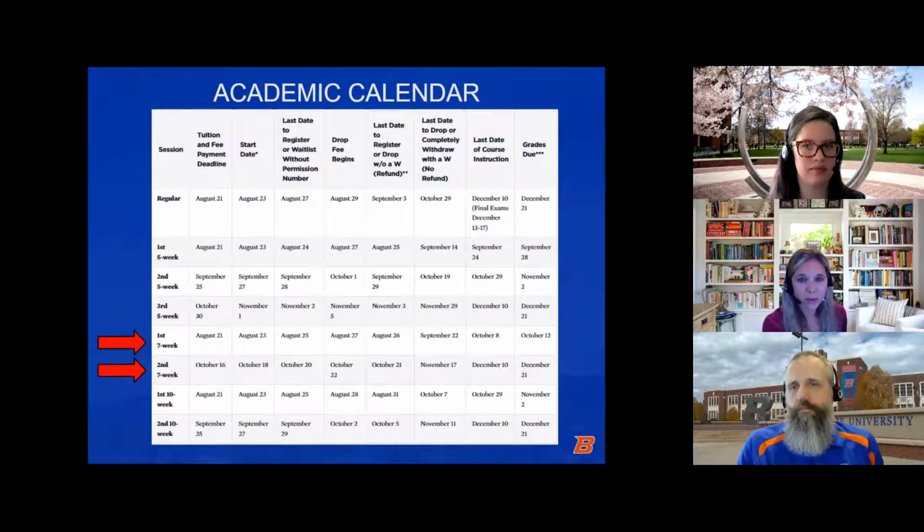The last date to register or drop without a W, meaning dropping the class so it doesn't show up on your record at all, is August 26th. So you only have 3 days to decide if you want to drop a class before it turns into a W grade. Anytime after this, it will be a full withdrawal and show up on your account.